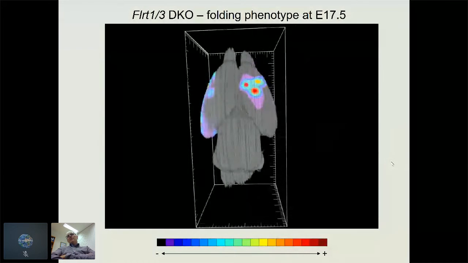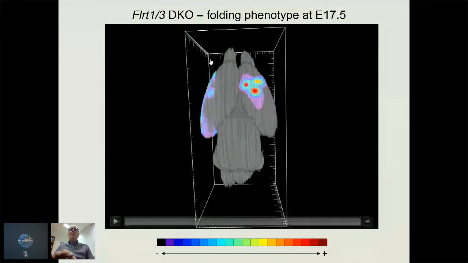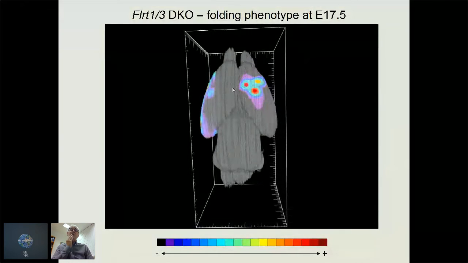We do not have quite the same pattern when we use a different Cre driver, for example, Emx Cre. The folds seem to be also found in more medial positions, and actually not as frequent as with Nestin Cre. So we're still looking at that. It might help us to pinpoint the mechanism of where these folds appear.